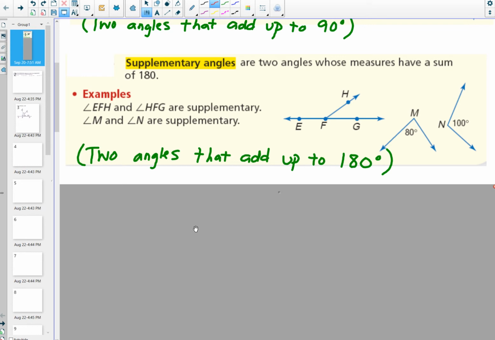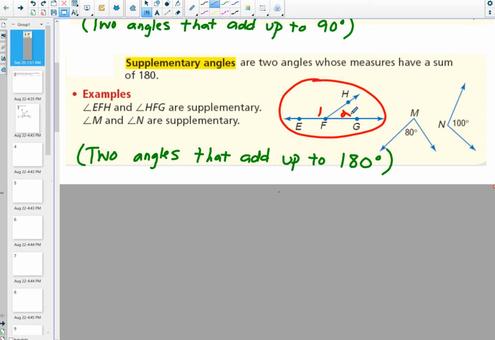This first example here, how many angles do you see there? 2. Okay, angle 1, angle 2. They have more specific names, you know, EFH, HFG. But there are two angles there, and those two angles are adjacent. They're next to each other. They share a common vertex, but they also add up to a straight line.